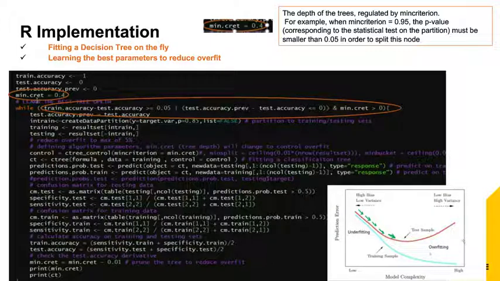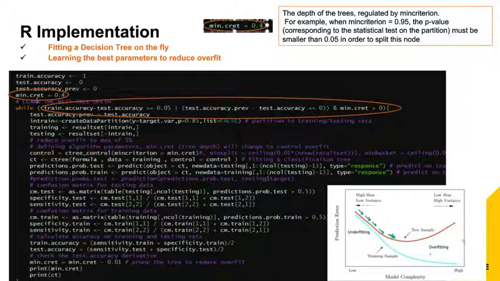Then I'm extracting the standard KPIs, like in this case the accuracy, from the confusion matrix. We have two confusion matrices: the test confusion matrix, cm.test, and the training confusion matrix, cm.train.